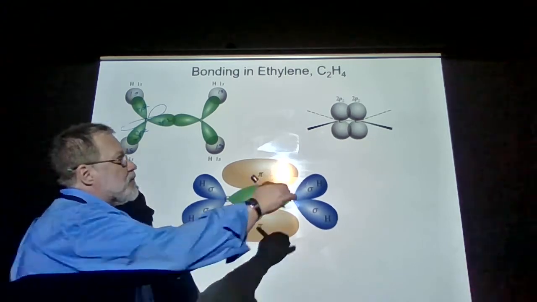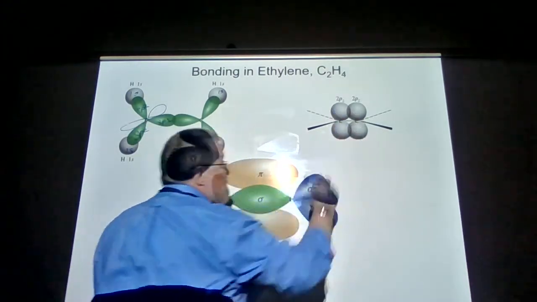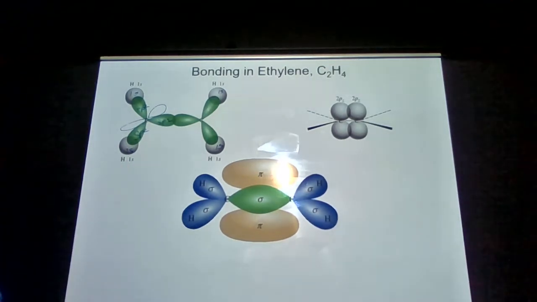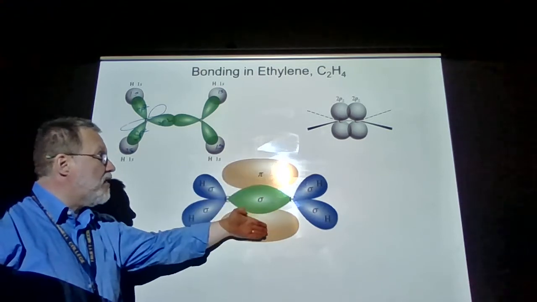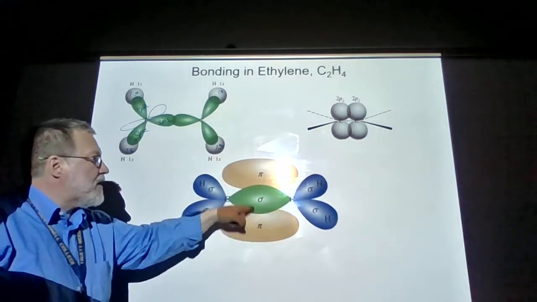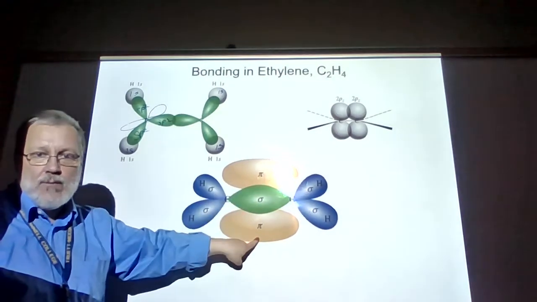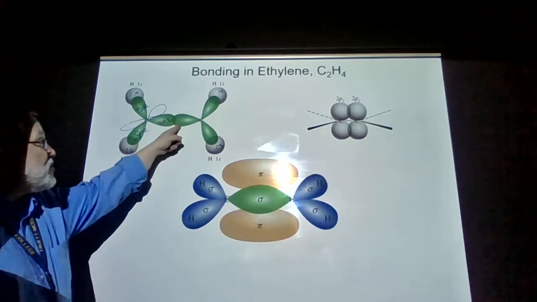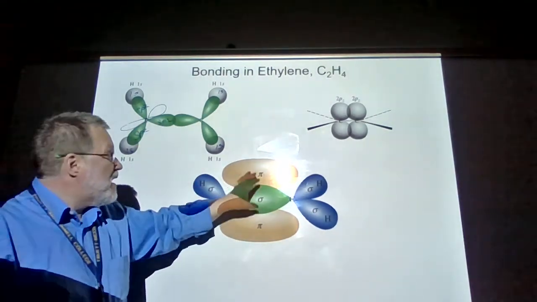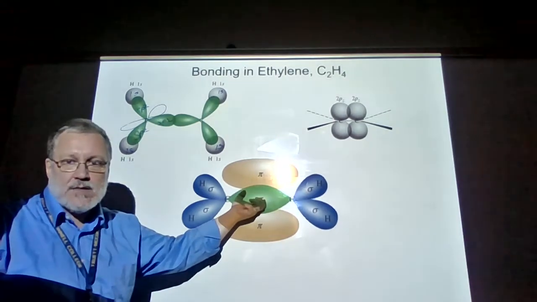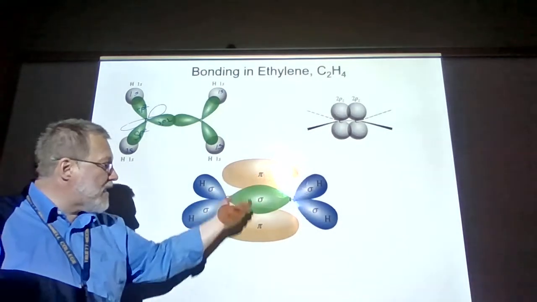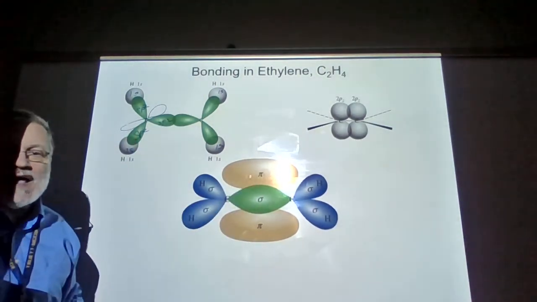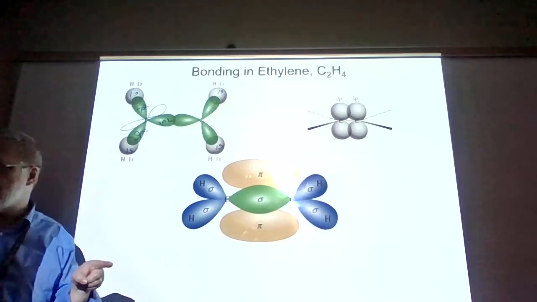It is the bond that's formed between these two perpendicular p orbitals that are not hybridized, that exist above and below the plane of the molecule. We call these pi bonds. So the resultant overlap between two hybridized orbitals end to end is called a sigma bond. Overlap of unhybridized orbitals side to side are known as pi bonds.